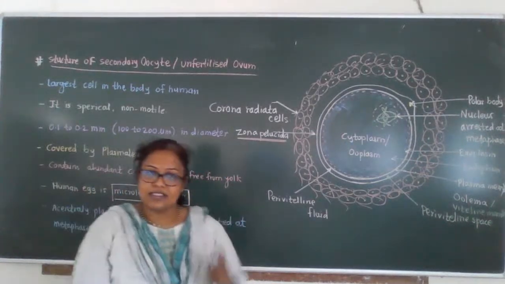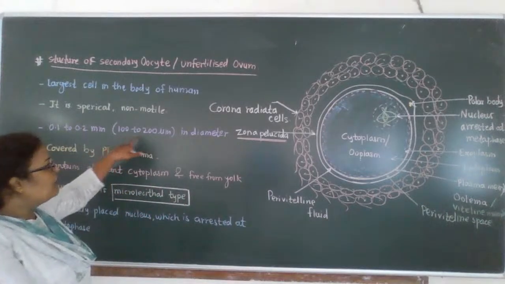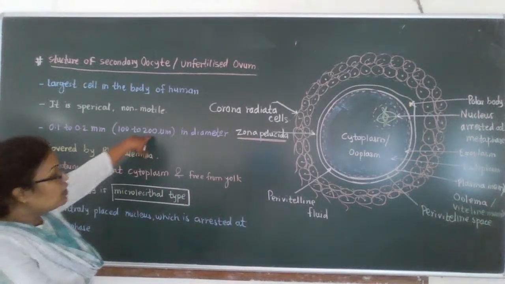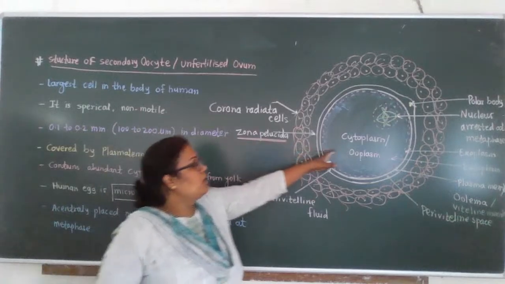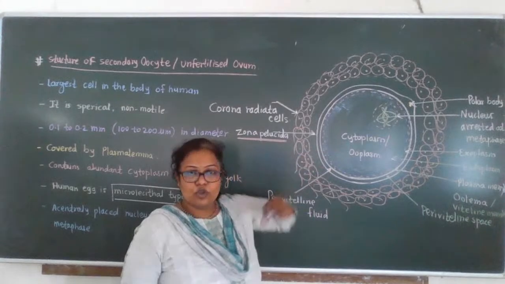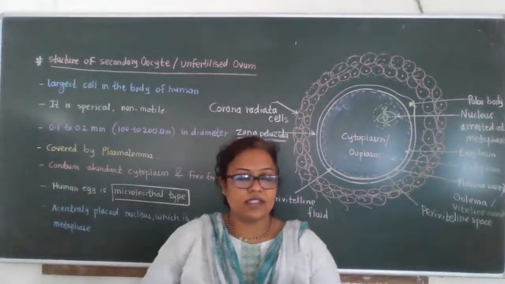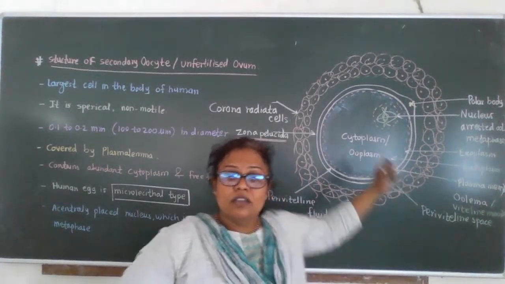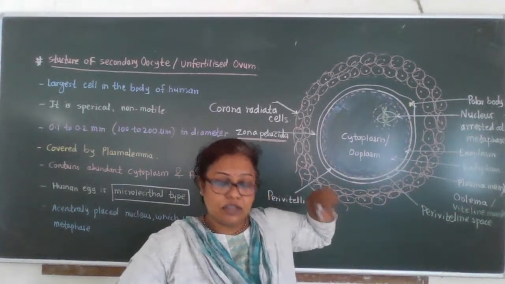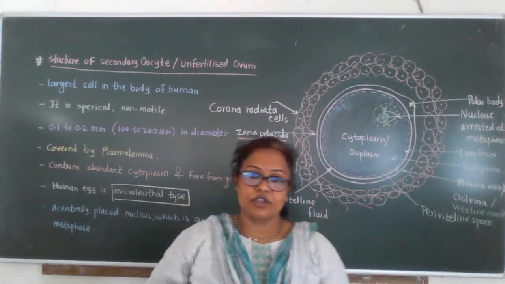The human egg is the largest cell in the body of a human, and its diameter is about 100 to 200 micrometers. It has an abundant amount of cytoplasm. It lacks a centriole. Okay, here there is no centriole. As you know, the role of the centriole is to carry out cell division. But this cell lacks the centriole.